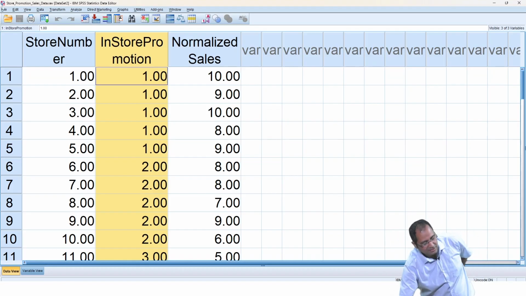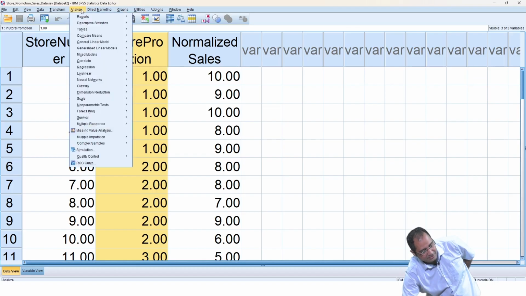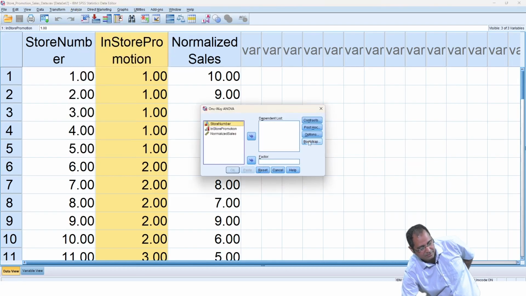How to do that? We have to go to analyze, compare means, and one-way ANOVA. Normalized sales is the dependent variable. In-store promotion is the factor, which means the 3 grouping variable.